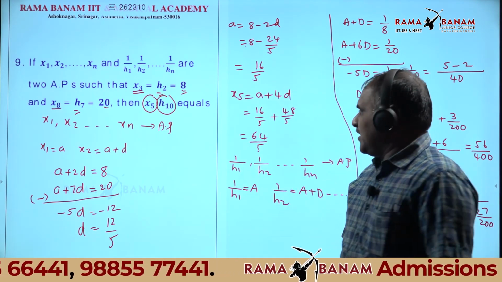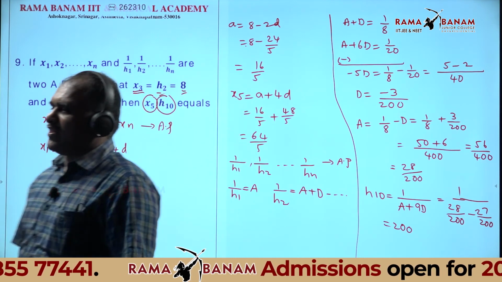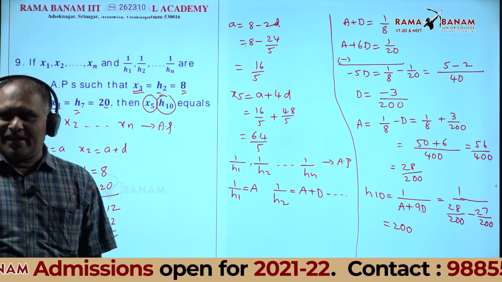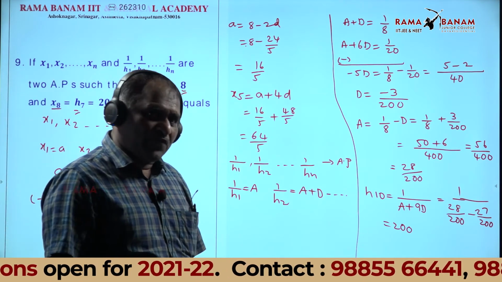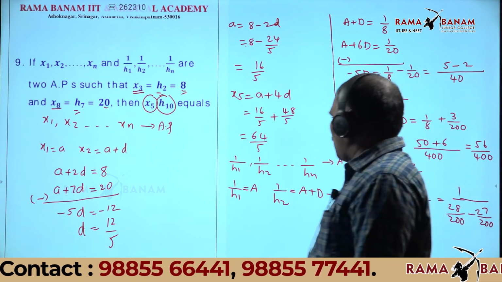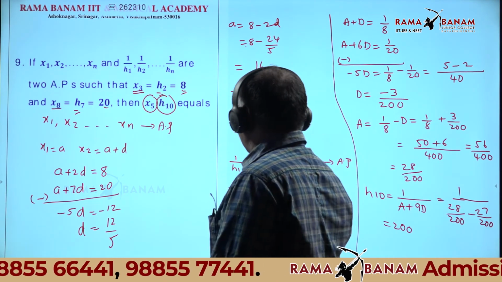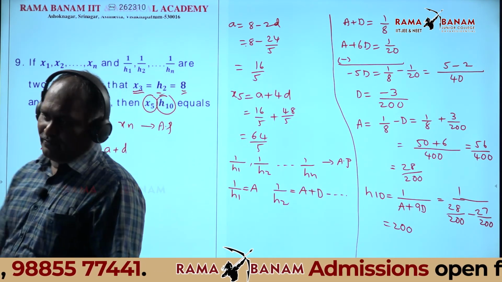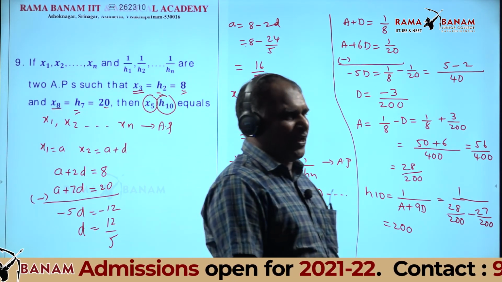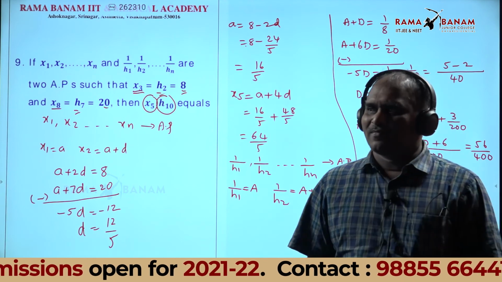H10 you know, X5 you know. What is the question asking? The product of both. H5, X5 and H10 you know. What is X5 equal to? 64 by 5. Here 200. What is the product of both values?